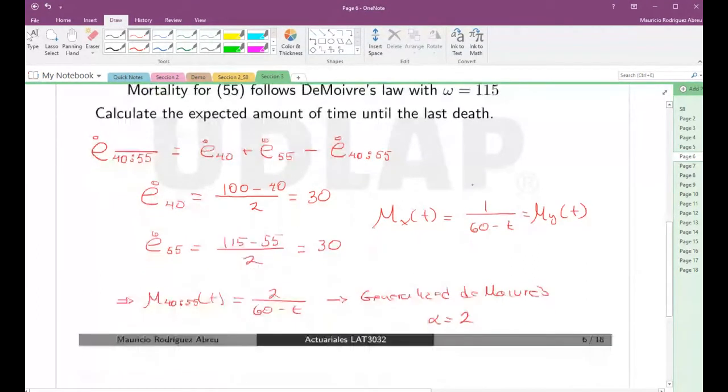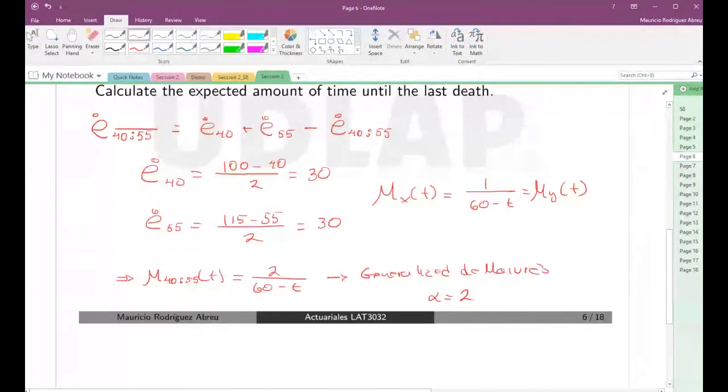And again, this is something that we can do because what we know is that then the expected value for this is going to be 60 divided by 3, which is 20.